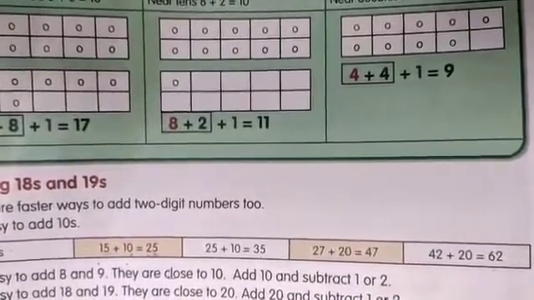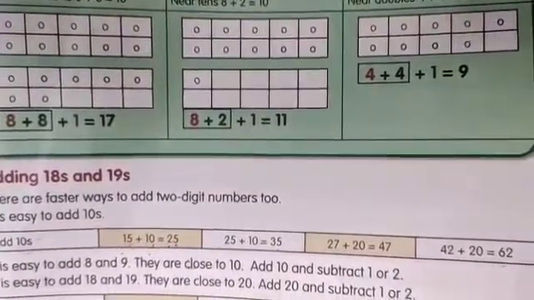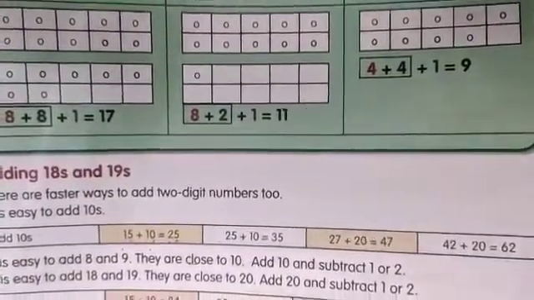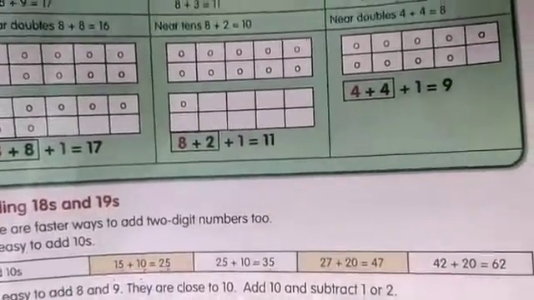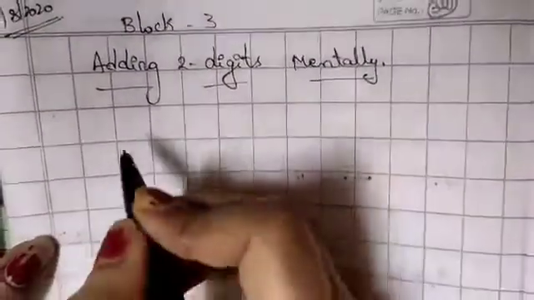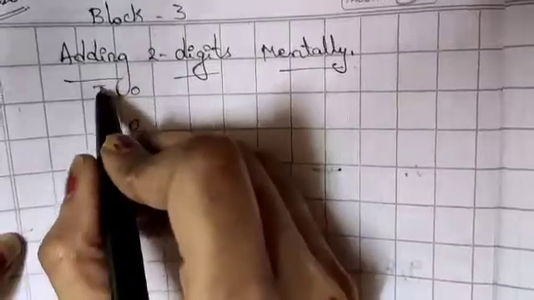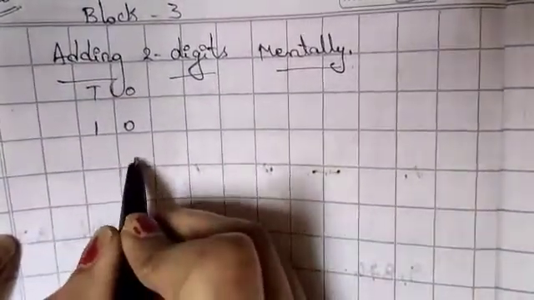So children, firstly you have to know how to add and subtract tens. For example, I am going to show you. For example, we have 10, right? 0 is in ones place, 1 is in tens place. Now I want to subtract 8.